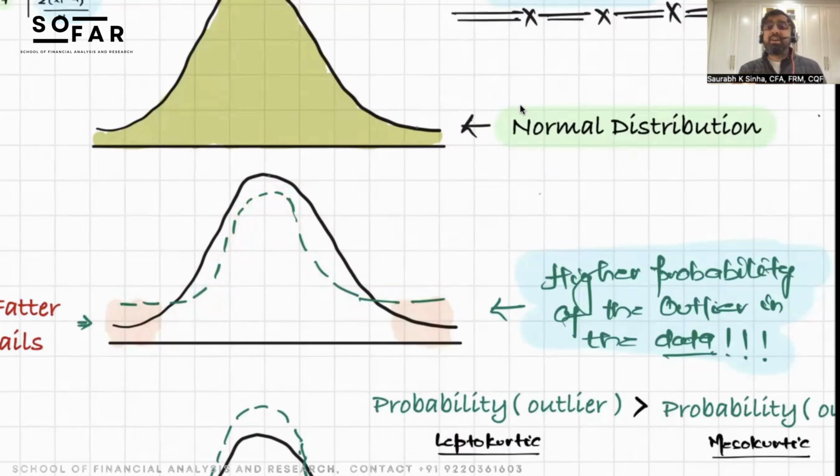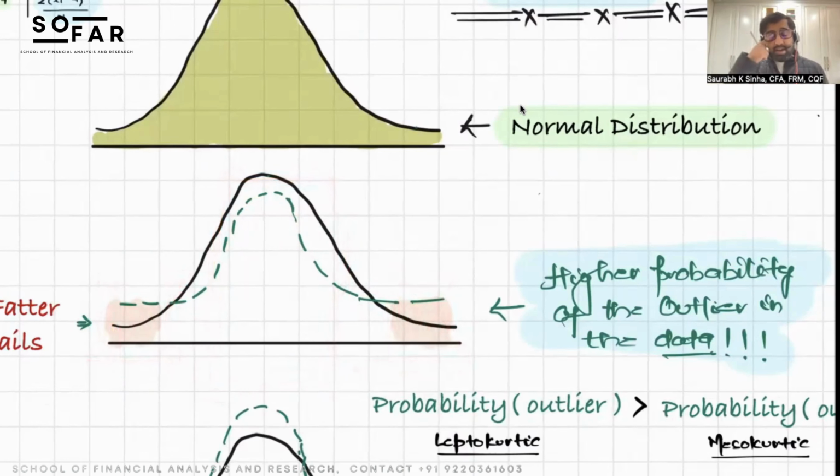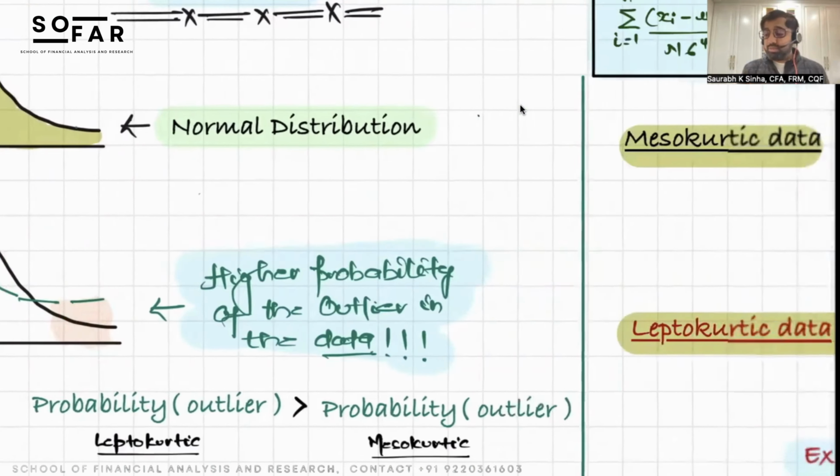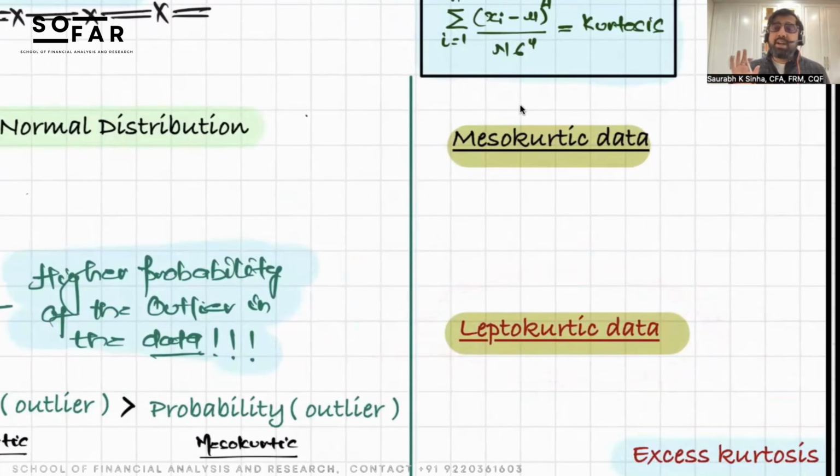If it has fatter tails, and you see this has fatter tails, this is the body, this is the tails, it has fatter tails. And if it has a fatter tail, I'll say this is a leptokurtic distribution, or leptokurtic data.